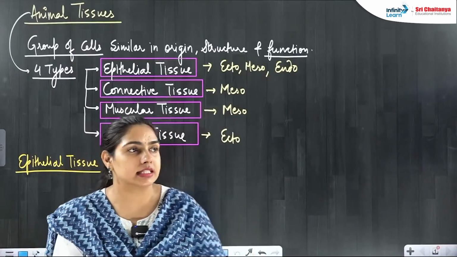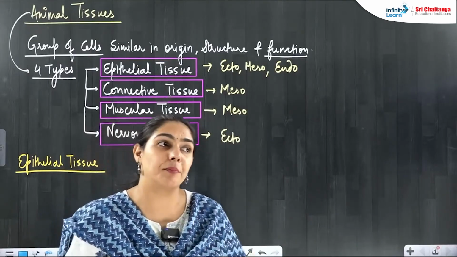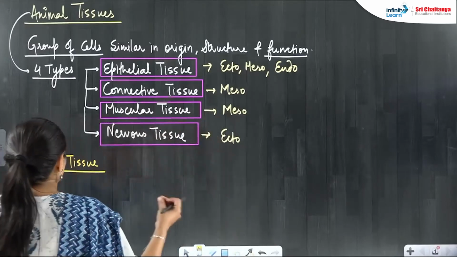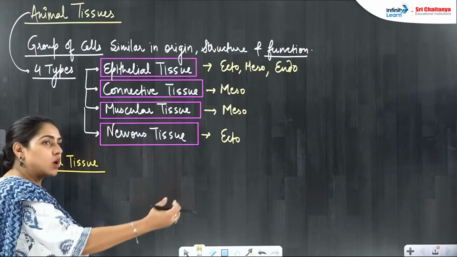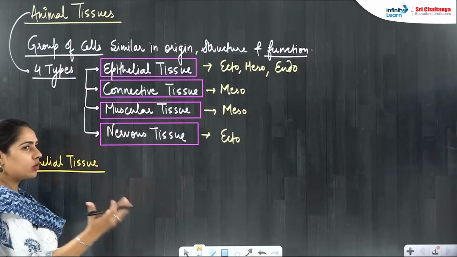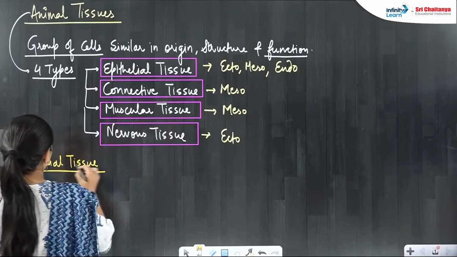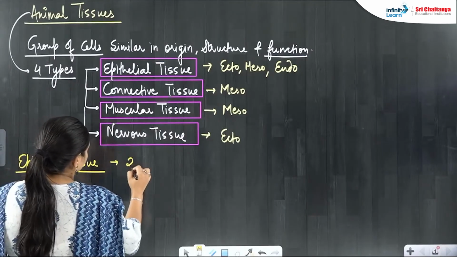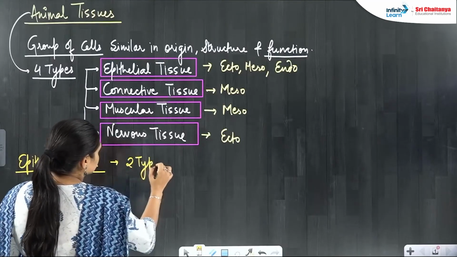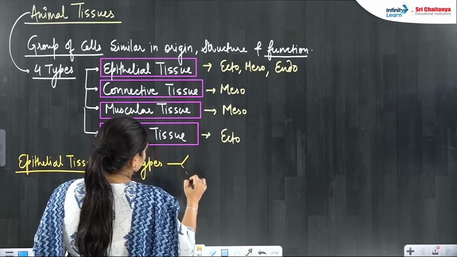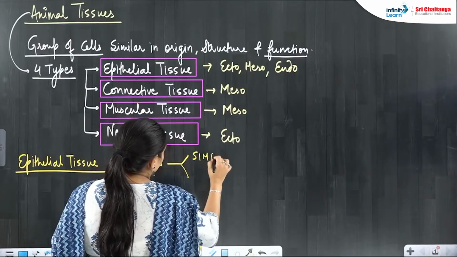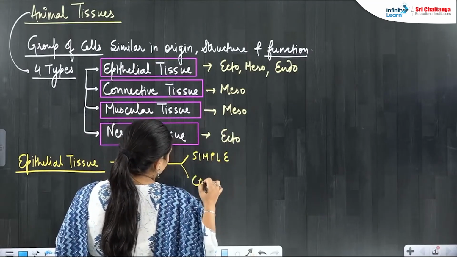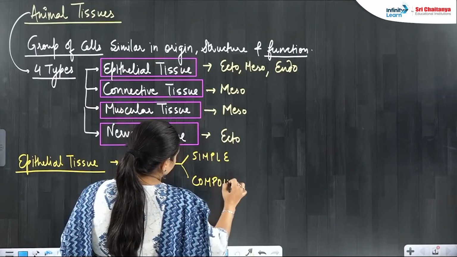Yes, Vaishnavi. It is simple and compound, not complex. Complex or compound is the same thing. Epithelial tissue has mainly two types: simple and compound.